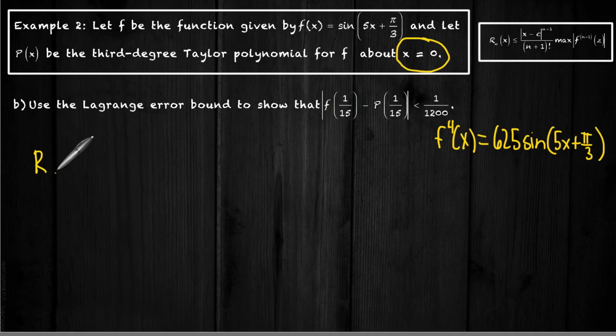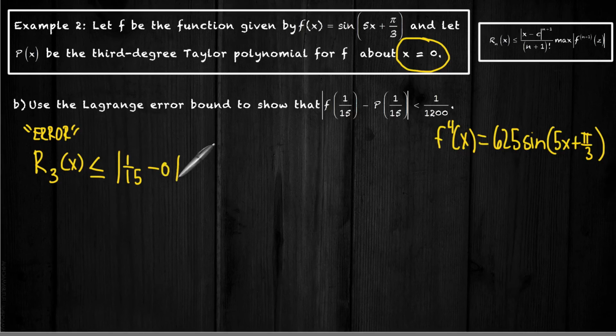So once again, third degree, so our error by using the third degree polynomial is going to be no more, according to Lagrange, than x, which is 1 over 15, that's what we're trying to approximate, minus our center, which is 0, and that's going to be raised to the n plus 1 power.